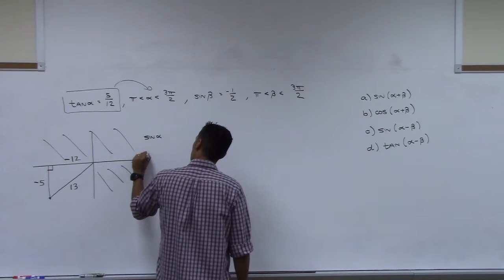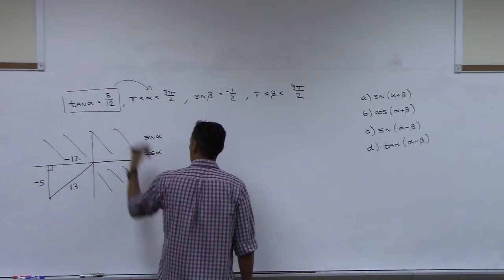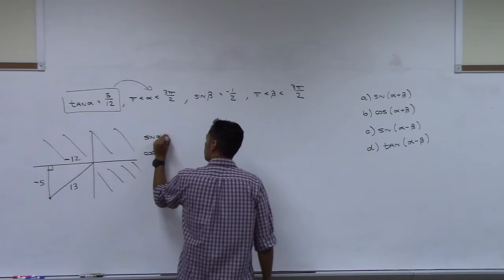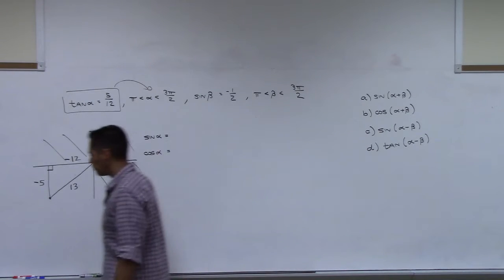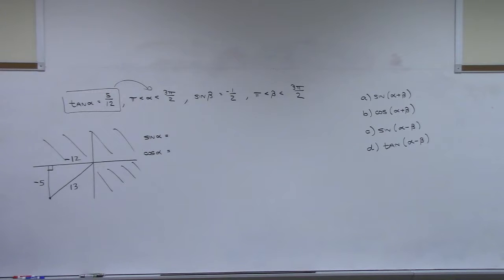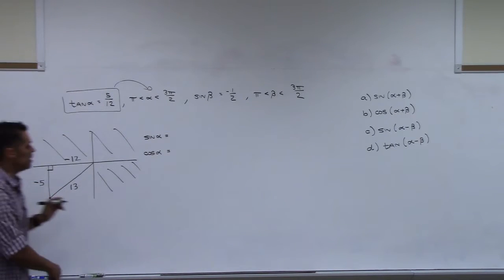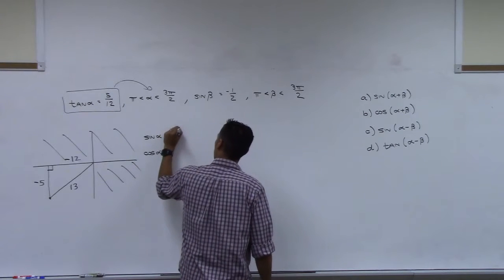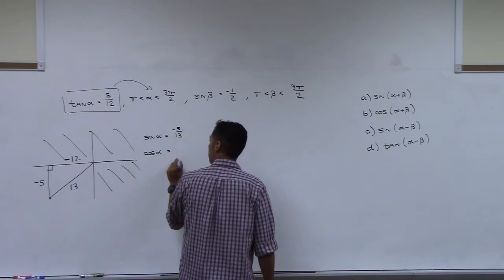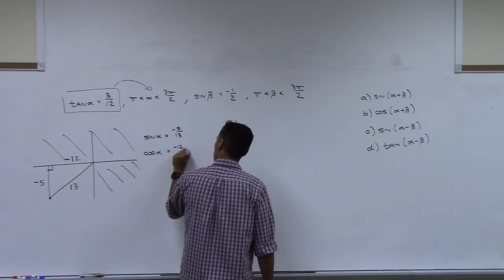Sine of alpha, cosine of alpha. Tangent of alpha I already have, don't I? So what is sine of alpha? Negative 5 over 13. And what is cosine of alpha? Negative 12 over 13.